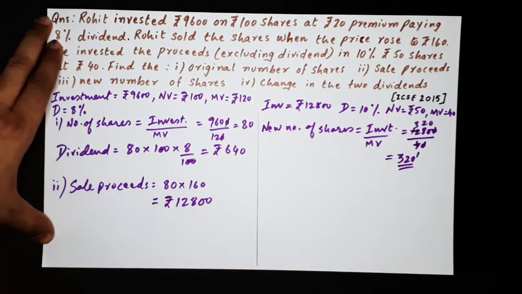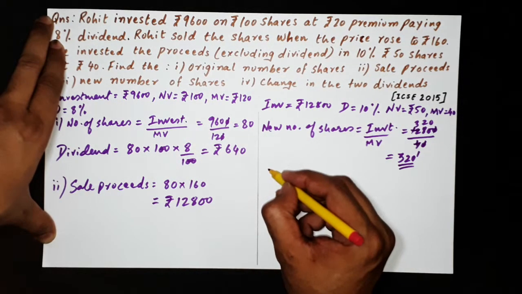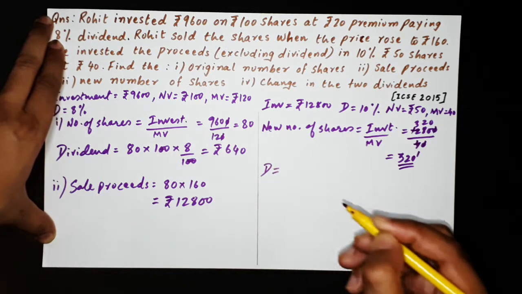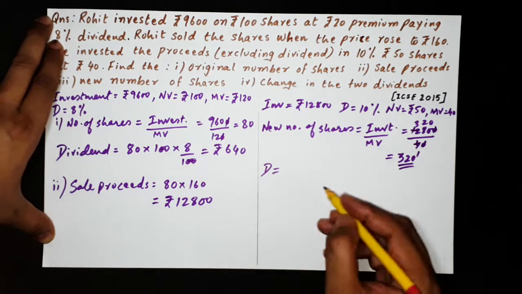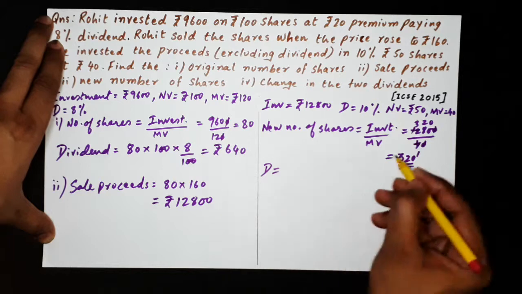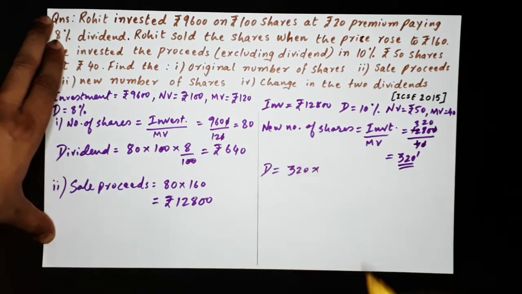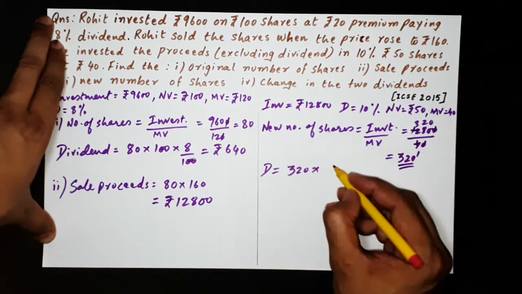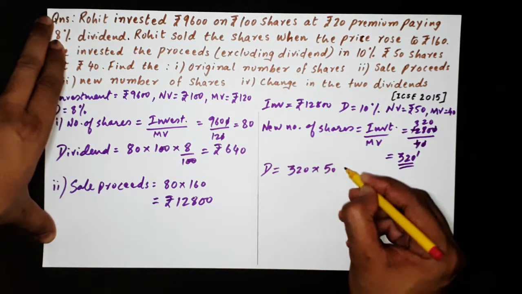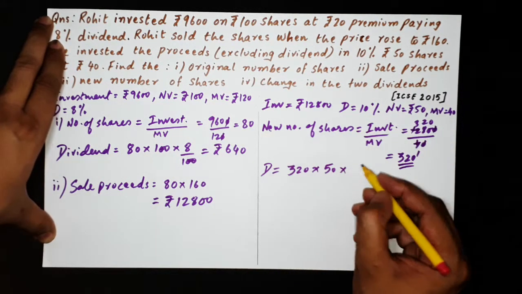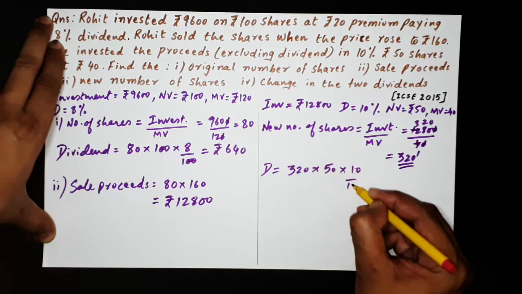Okay. Now what we want to find is the change in two dividends. So let's find out how much dividend he is getting in this new company. To get the dividend in rupees, we should know the number of new shares, which is 320, into the nominal value, which is 50, and the dividend percent, which is 10.